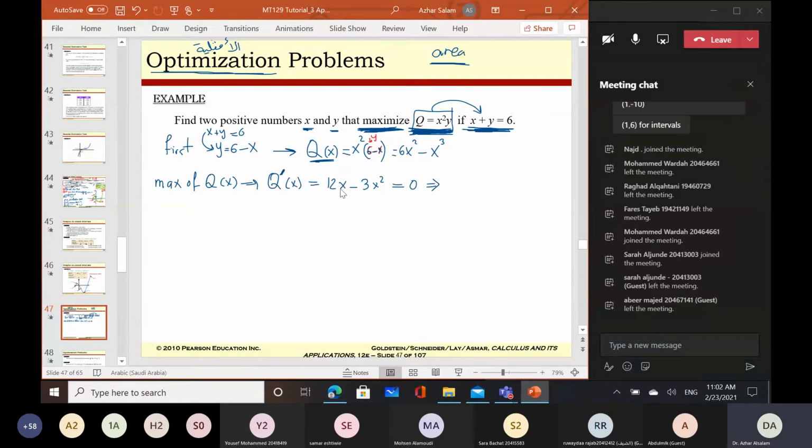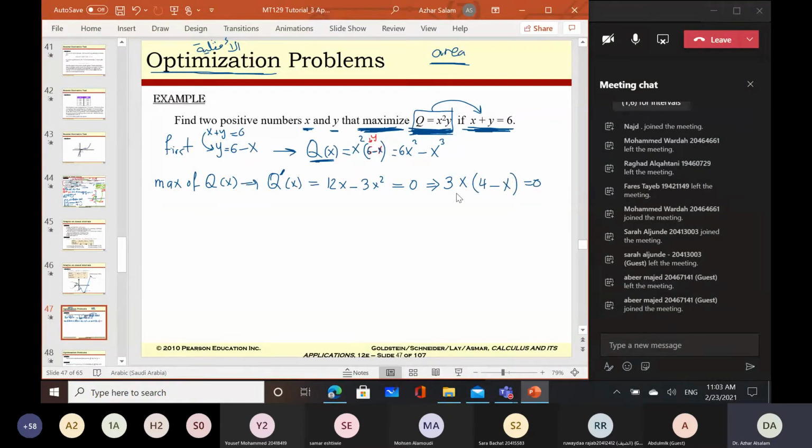Here I can take common factors, which is 3x. هنا عامل مشترك ممكن اخذ 3 من الطرفين وايضا x من الطرفين. 3x multiplied by 4 minus x equals 0.